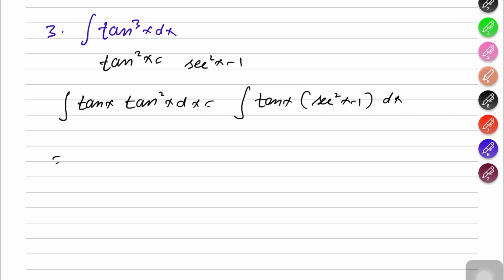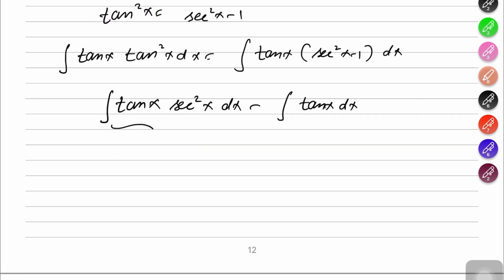Now why is it helpful? Let's break it: it will be split like this: tan x sec square x dx minus tan x dx. We know the integration of tan x, but we don't know the integration of the first term.